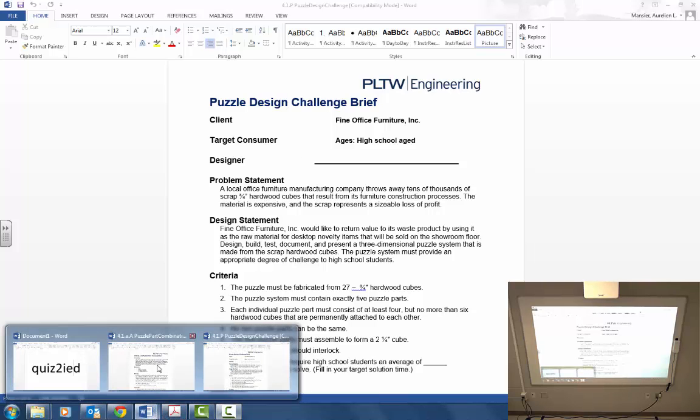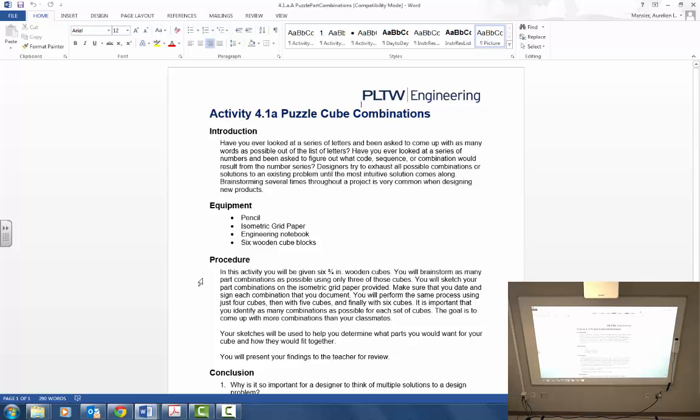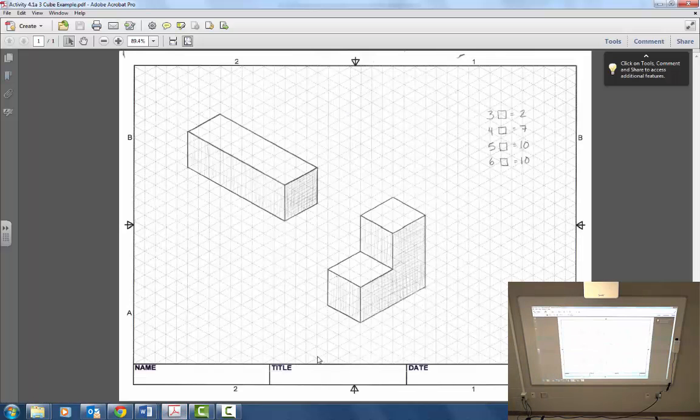Let's look at the actual starting point, which will be 4.1a, puzzle part combinations. The goal for this is to come up with as many possible solutions of different puzzle pieces that we could design using first 3 cubes, then 4 cubes, 5, and 6 cubes. If we started with just 3 cubes, how many possible solutions can we come up with?